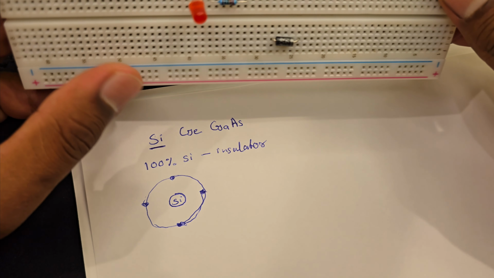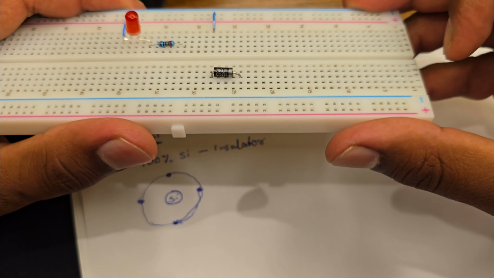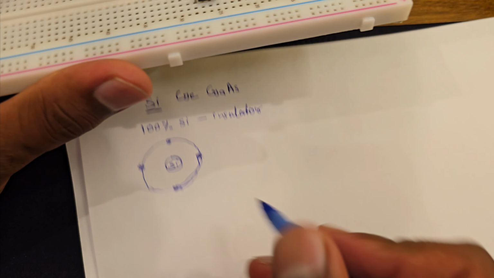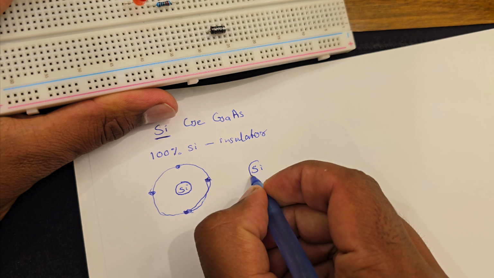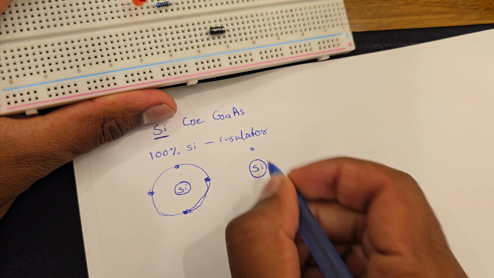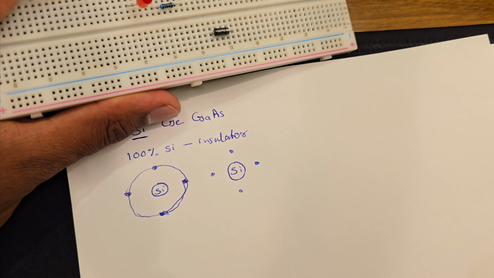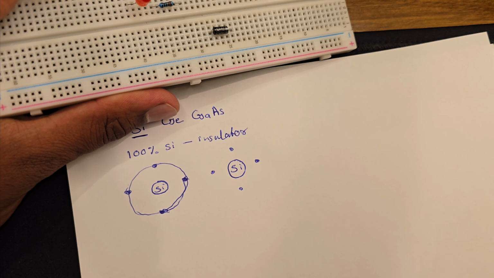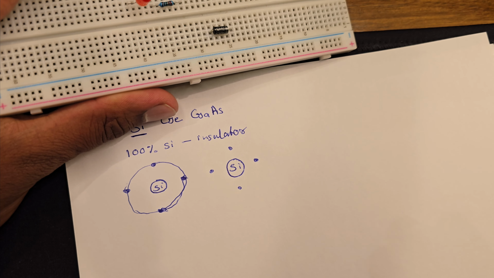But we can make it conductive by adding some impurities, as I said. See, we have our silicon atom here, which has 4 electrons in its outer shell. Adding an impurity to a pure semiconductor is called doping.